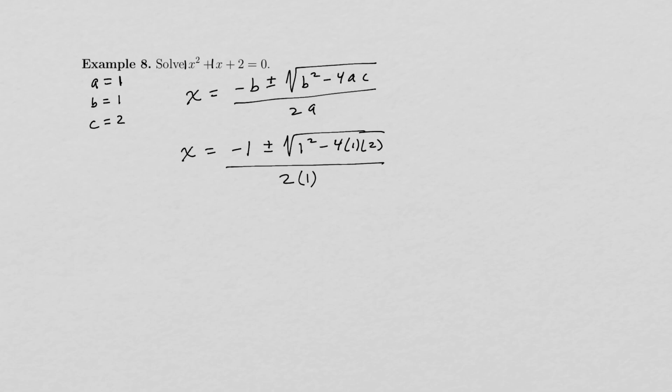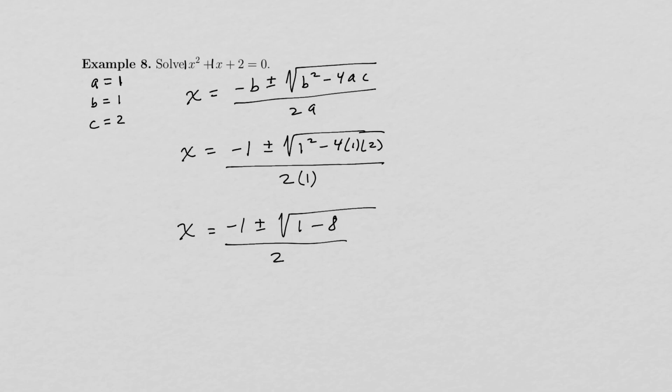And then if you work this out, if you do the arithmetic inside the radical there, I'm going to have 1 squared, which is 1, minus 4 times 1 times 2, which is 8, over 2 times 1, which is 2.